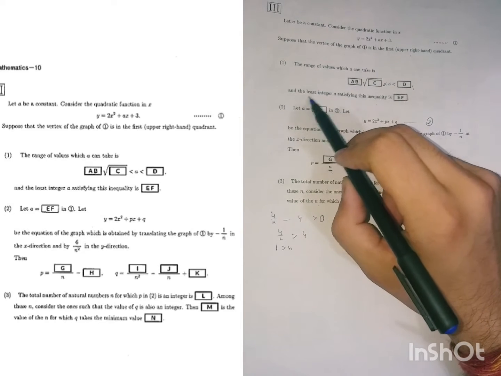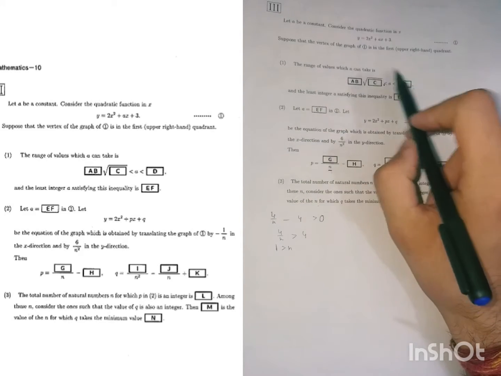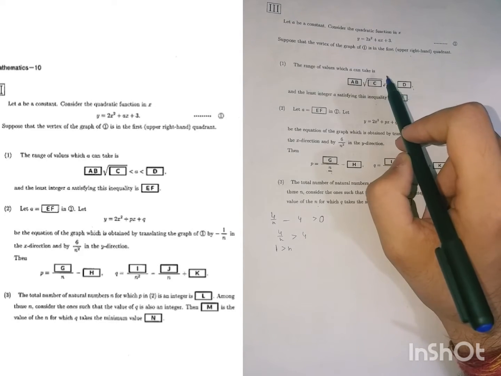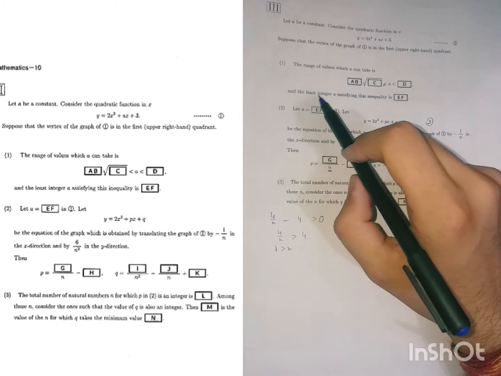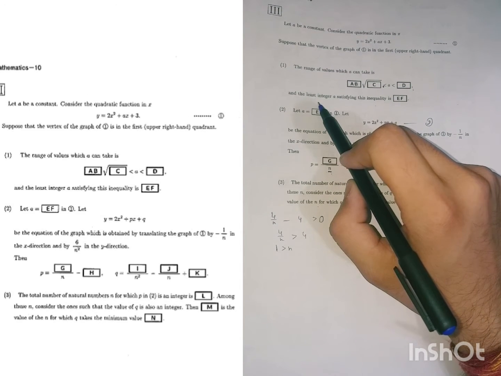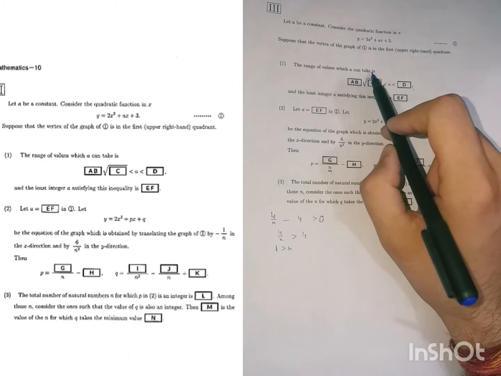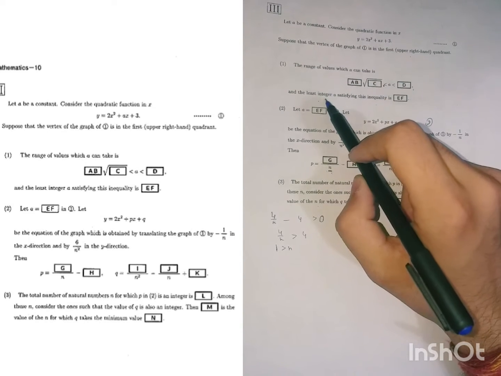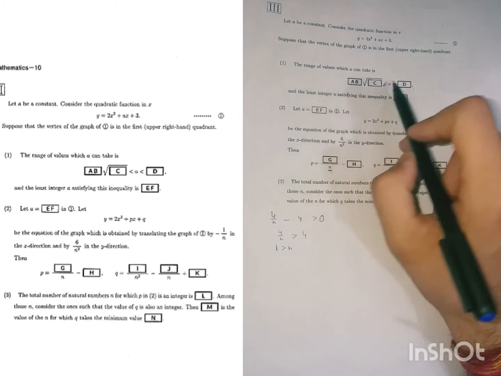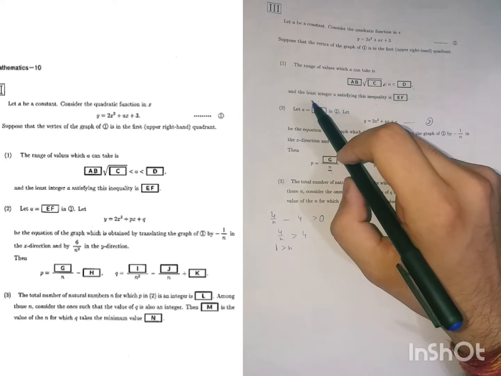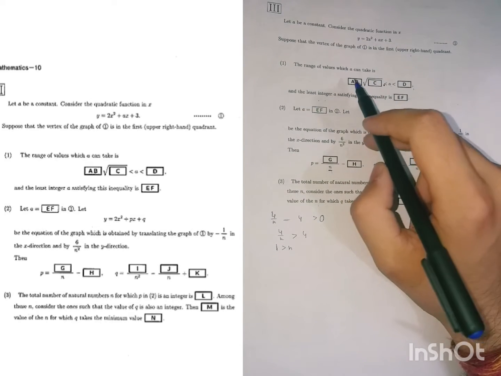So here we are to find the least integer which satisfies this inequality, the least integer a satisfying this inequality.